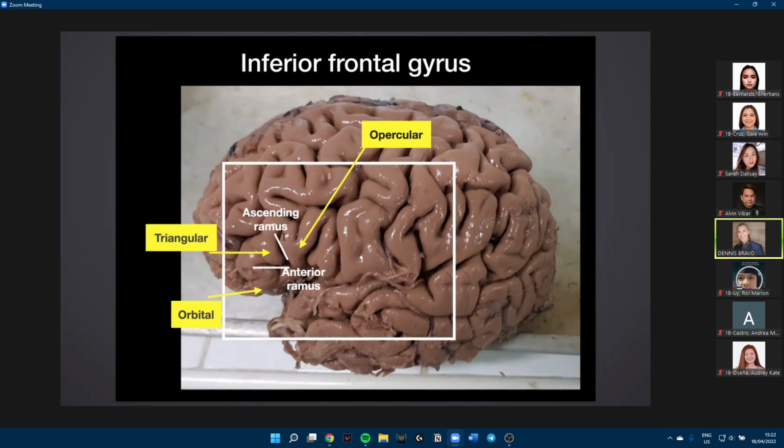This area of the brain allows you to produce spoken speech. So this is the part of the brain that allows you to speak, to create phonation. If there is a lesion in this area, there would be an inability to produce spoken language.